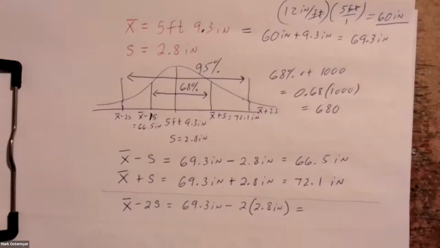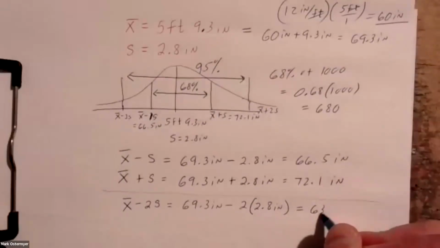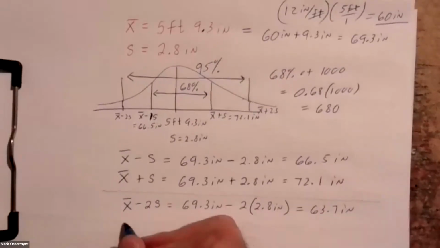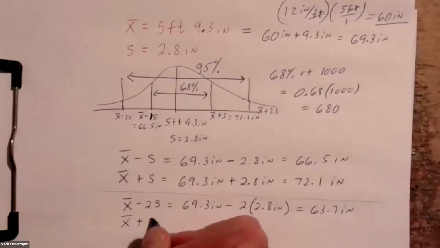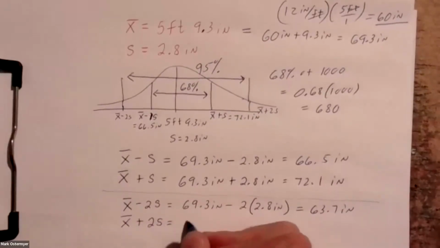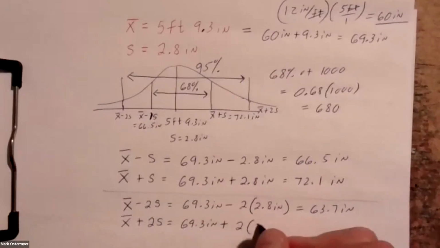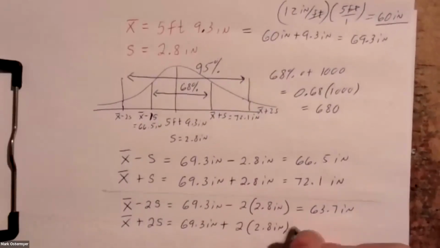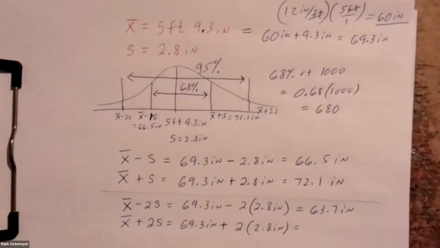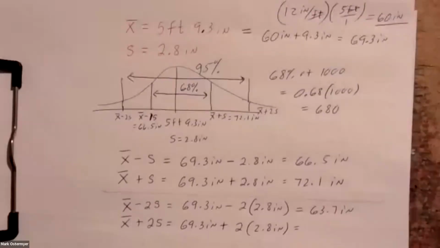Well, we can dial it up on our machine. 63.7 inches, up to the mean plus 2 standard deviations above our mean, which is to say 69.3 inches plus 2 times our standard deviation of 2.8 inches. And what would be the upper end point of that 95% interval? 74.9 inches.